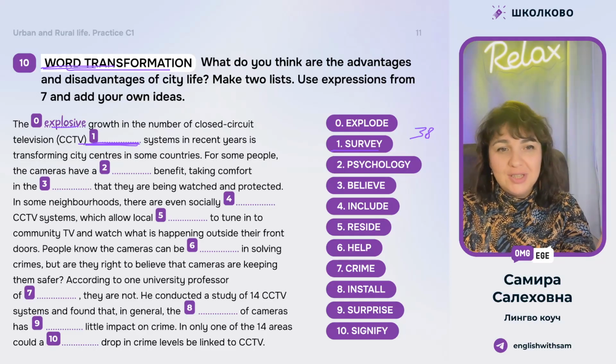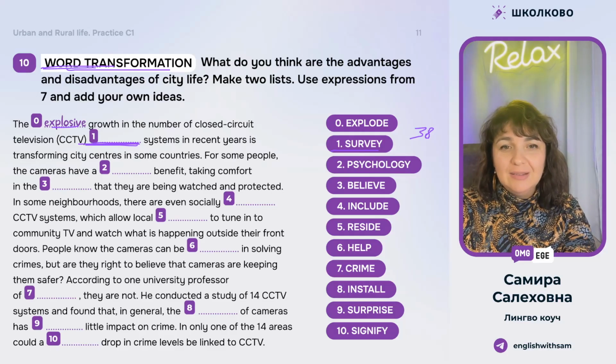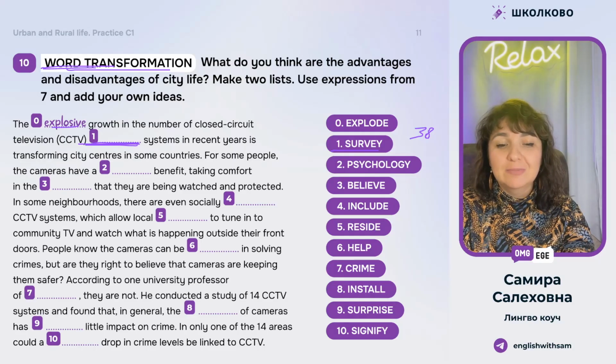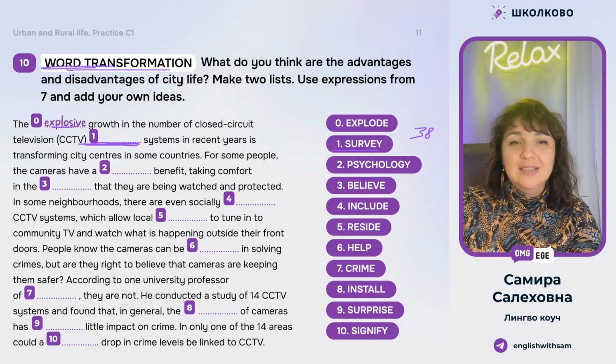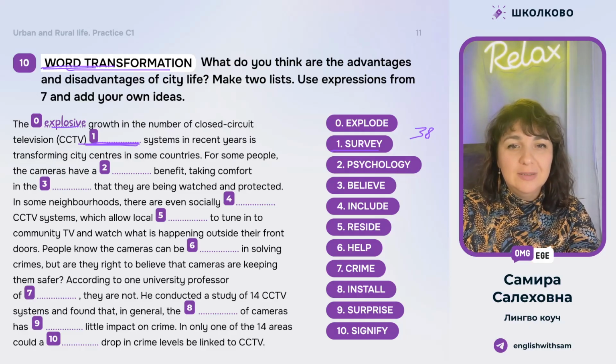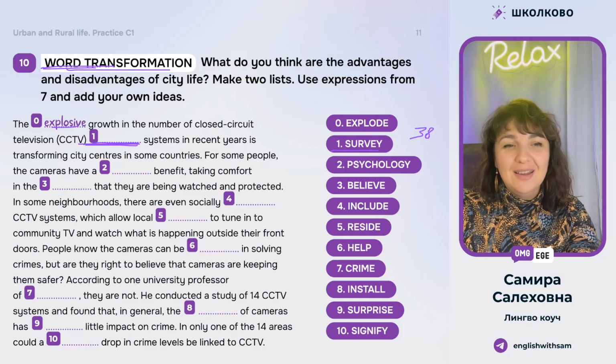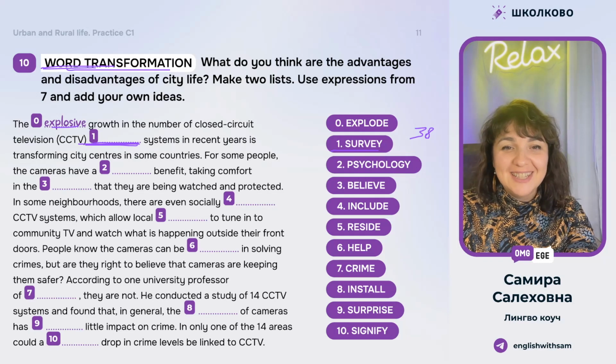So, just closed circuit television. Usually they call it CCTV, right? What is it? It is surveillance. Do you guys know this word? Survey. Almost. It is more difficult actually this time.